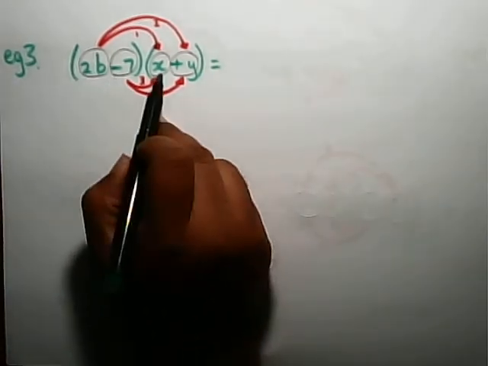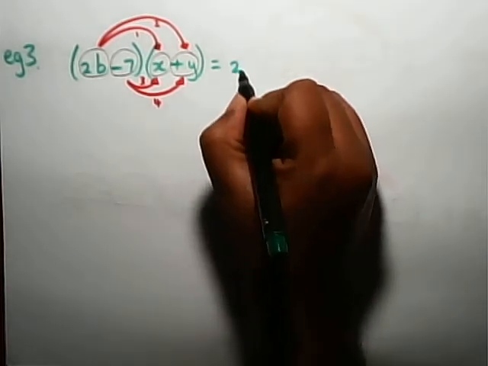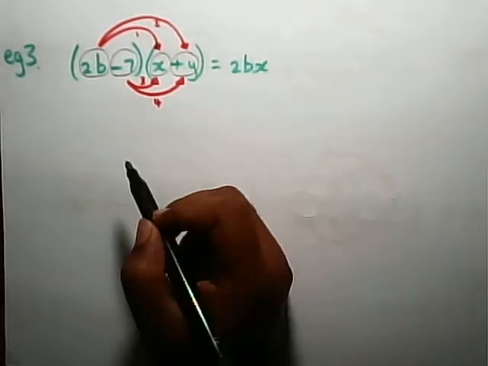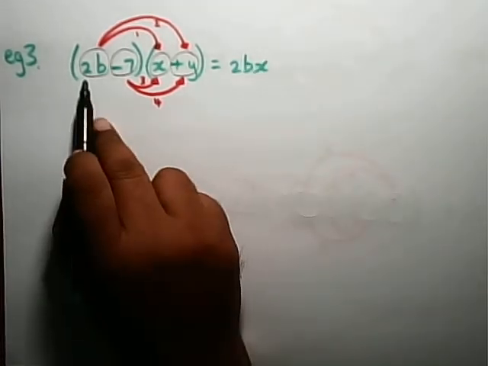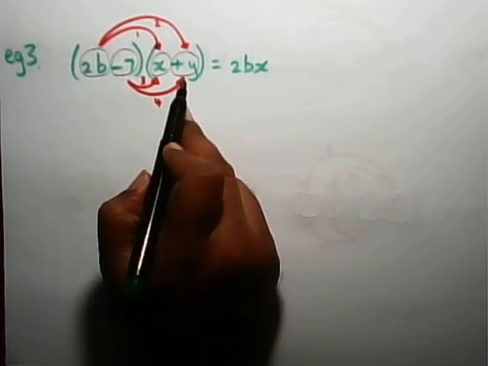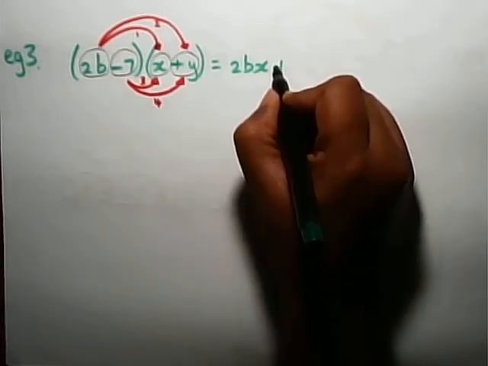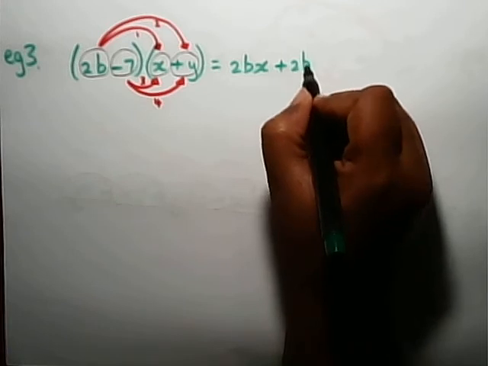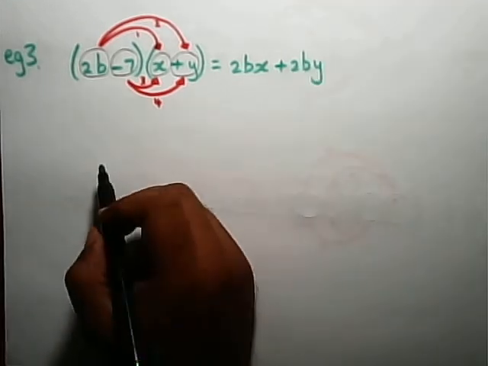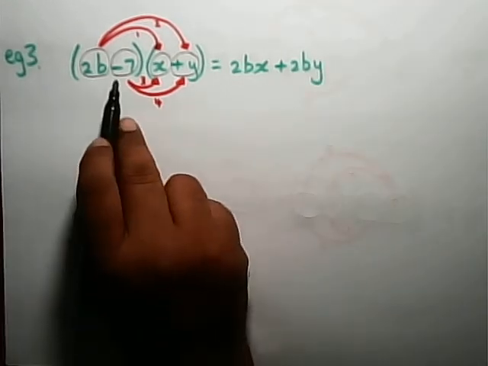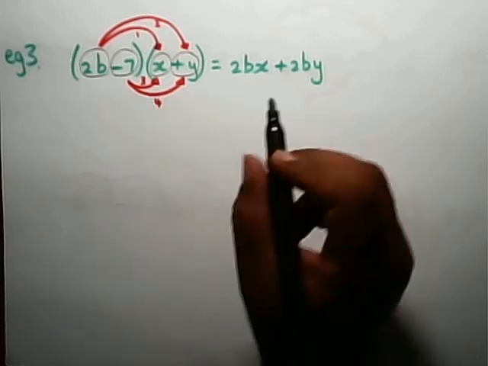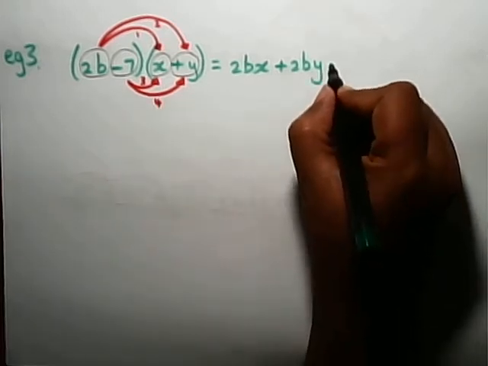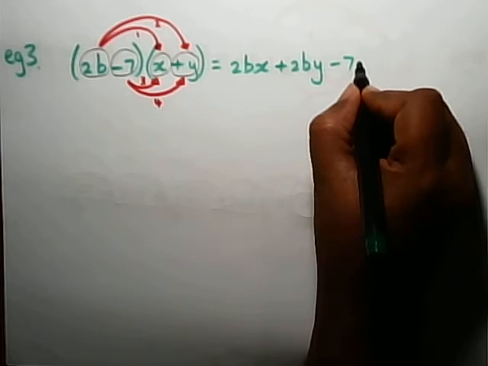Step 1, 2b multiplied to x, 2bx. Step 2, 2b multiplied to a positive y is a positive 2by. Step 3, a negative 7 multiplied to a x is a negative 7x.